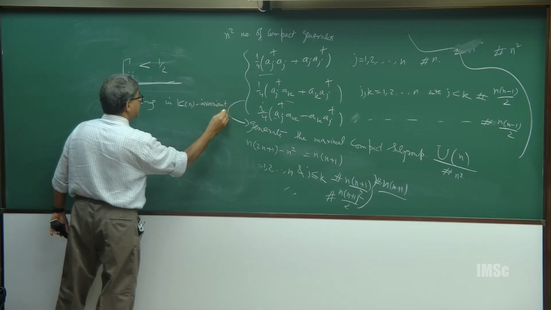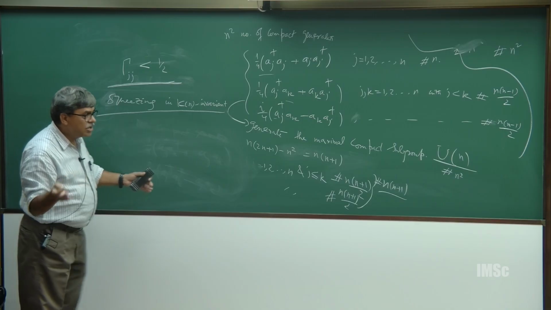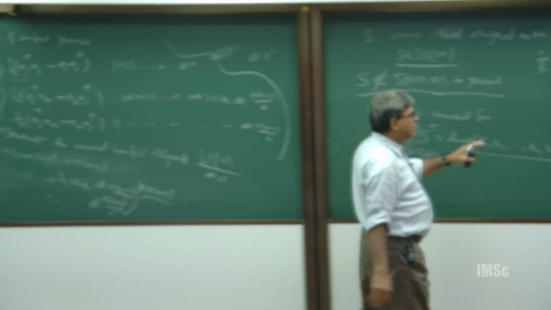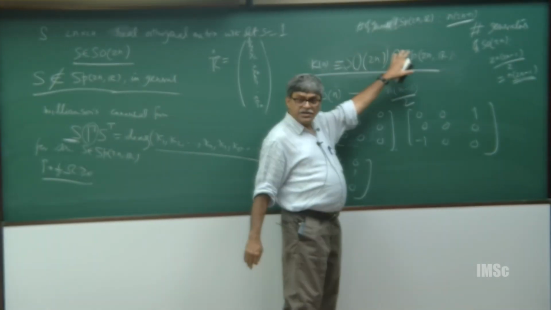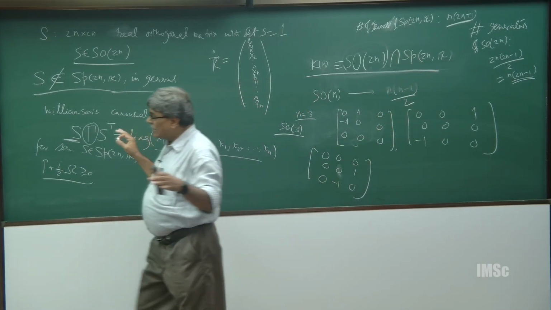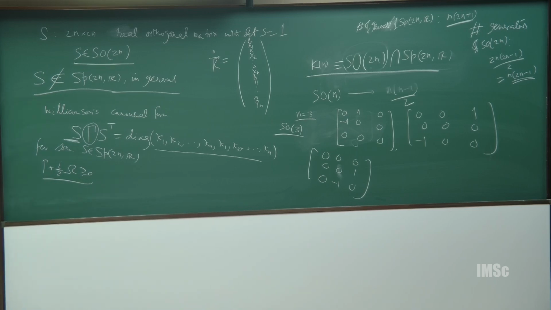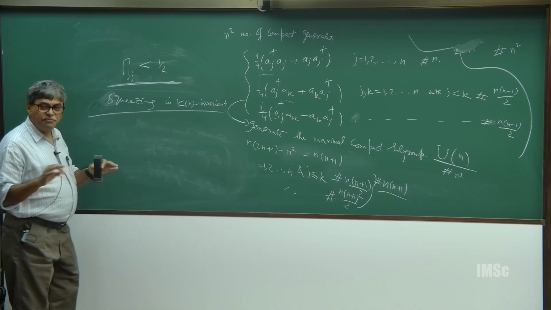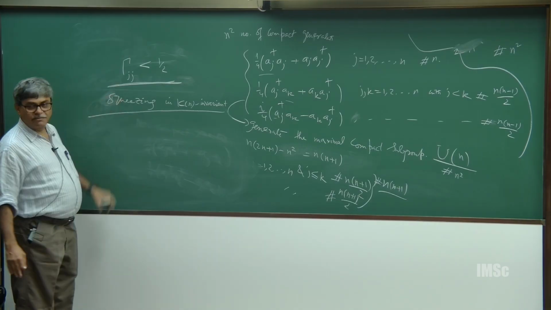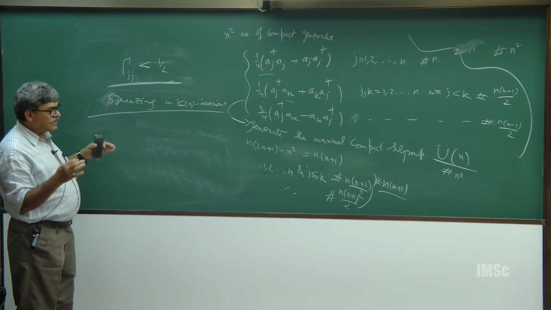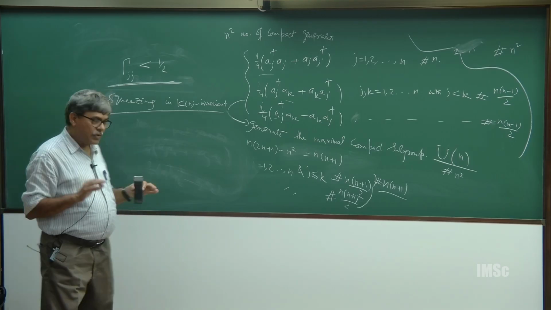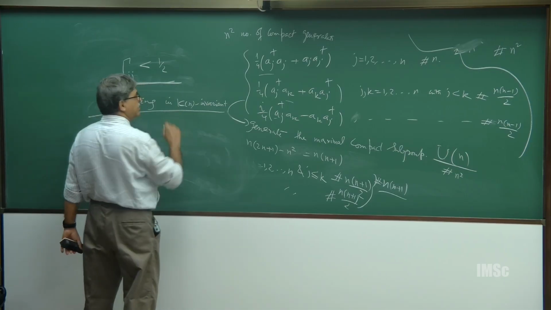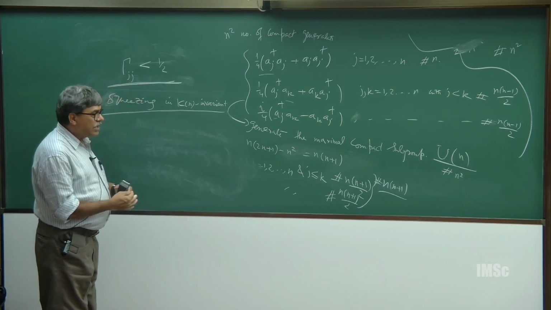What does it mean? It means that I will apply all possible symplectic transformations allowed by this set to bring my covariance matrix into a form where I do not have any problem in stating the squeezing. This is what we are going to do now: a statement about squeezing in K n invariant form.